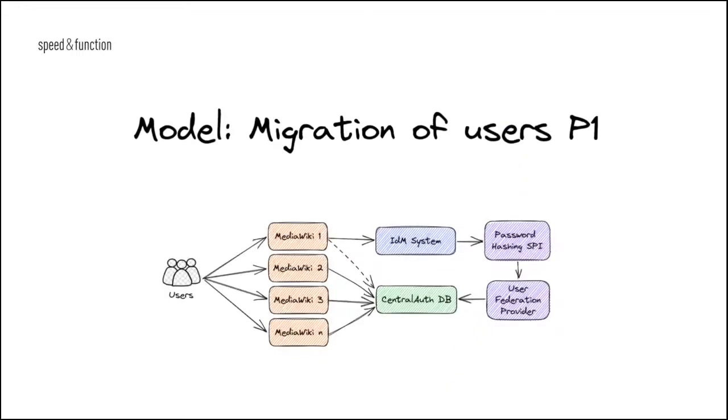So I'm going to start with a big problem, and the biggest problem that we have faced, that's migration of users. Currently the user base is really large, and it's being held inside the central auth database. This is where I should set the stage a little bit.